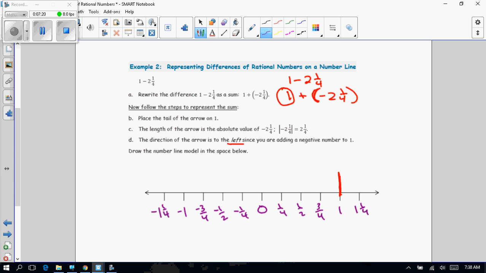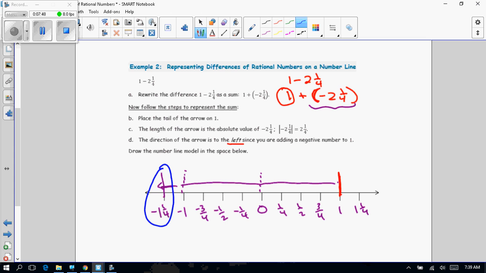So I take my 2 1/4. I'm going to go all the way. Here's 1. Here's 2 1/4. Okay, this is 2, right? This would represent 1. This represents 2, and here is my quarter. I'm going to stop right here, circle my answer. My answer is right there.